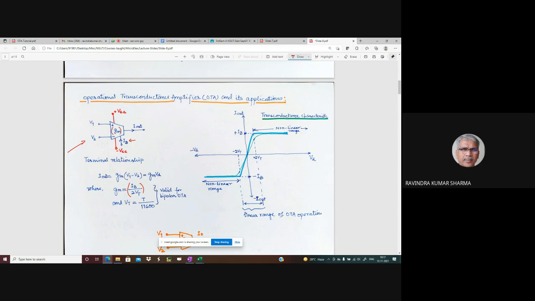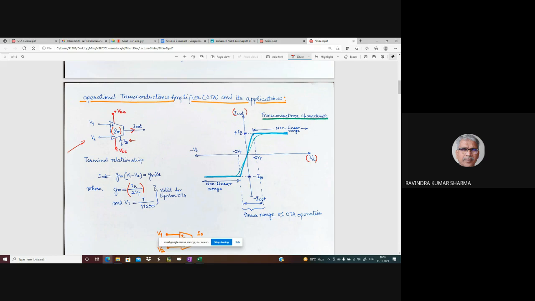Now there is also the transfer characteristic, which is called the VTC, I out versus VD. If you plot it, the output current varies from plus IB to minus IB. Output current will be outward positive if V1 minus V2 is positive, and inward if V1 minus V2 is negative, correct?